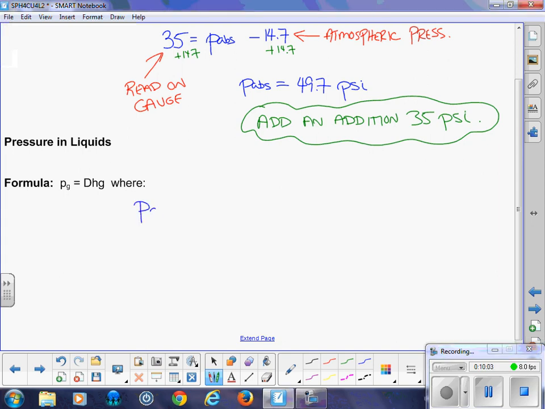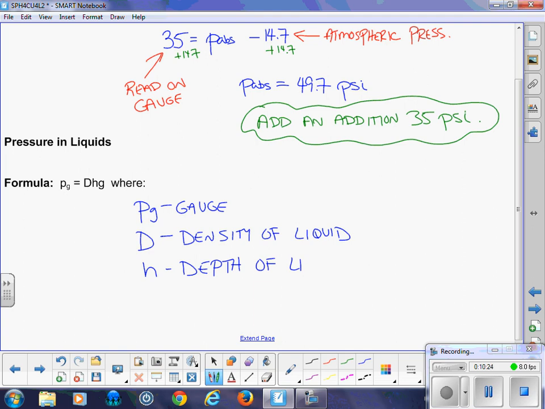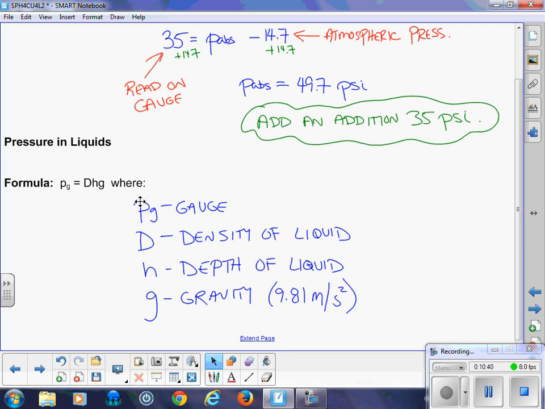Where PG is your gauge pressure, and we calculate it by multiplying D, which is your density of liquid, H, which would be the depth or height of your liquid, and finally, small g is our gravity, which is your 9.81 meters per second squared from earlier. Okay, so there is your formula to calculate gauge pressure underwater. So now we're looking at underwater, in oil, etc.